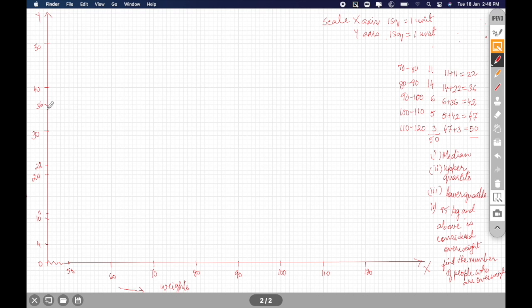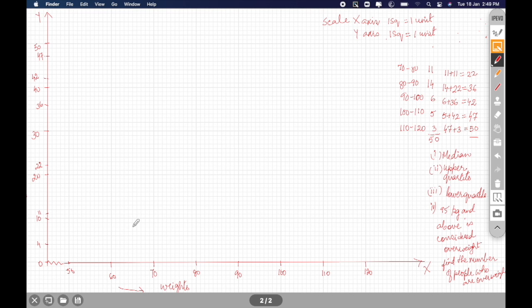Okay. Then 42 comes here. Next we have 47. 4, 5, 6, 7. 47 is here. Then we have 50. This is the last value. So all the cumulative frequencies I have marked in the y-axis so that plotting becomes easy.